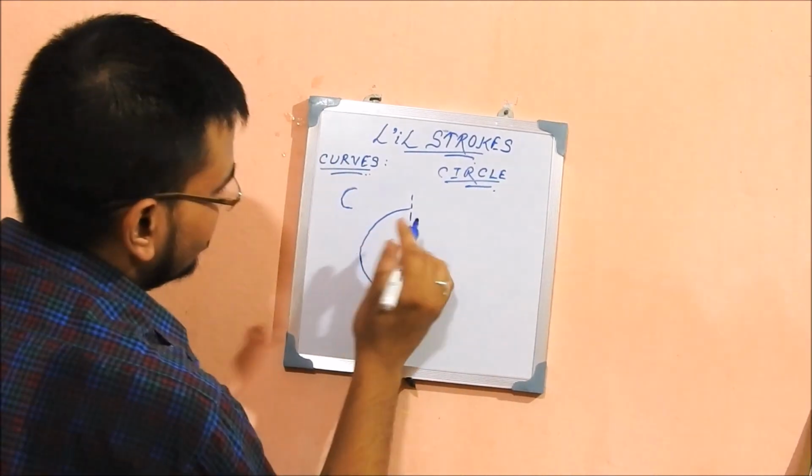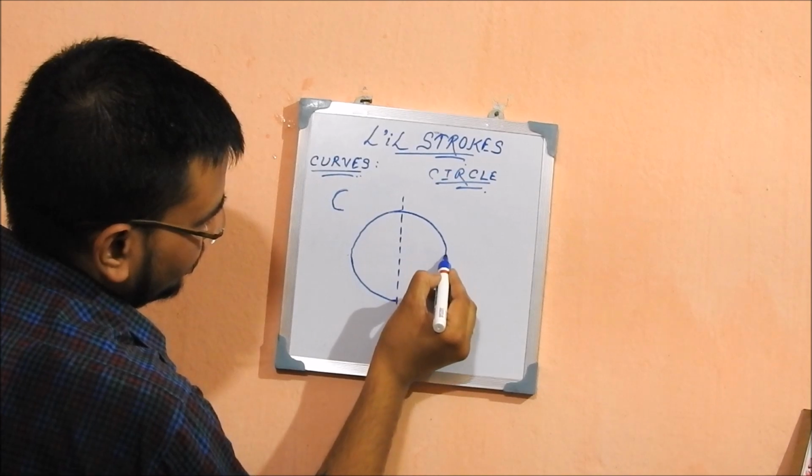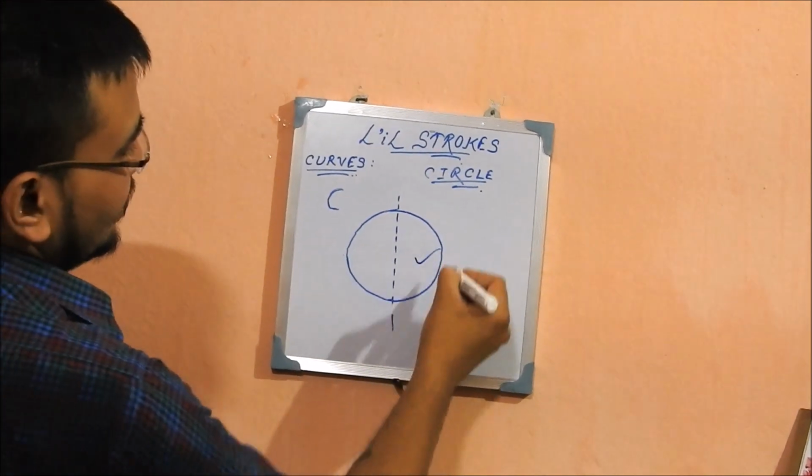So this is one C, and you travel from here and this same route, and you stop here. See, it's almost like a circle.